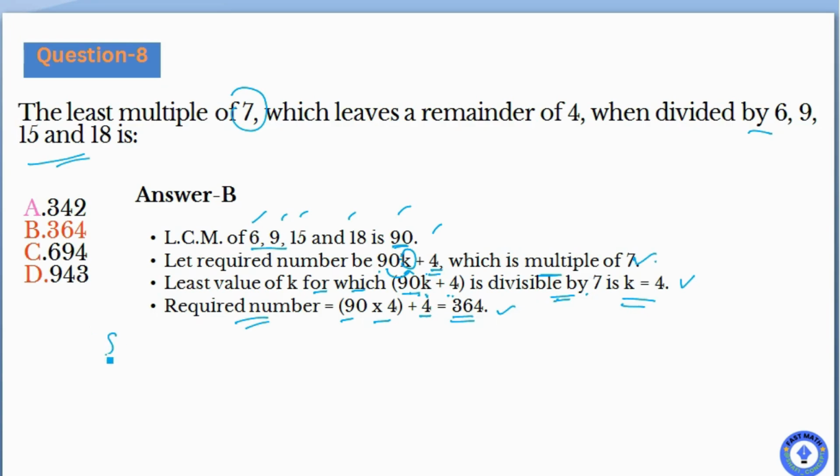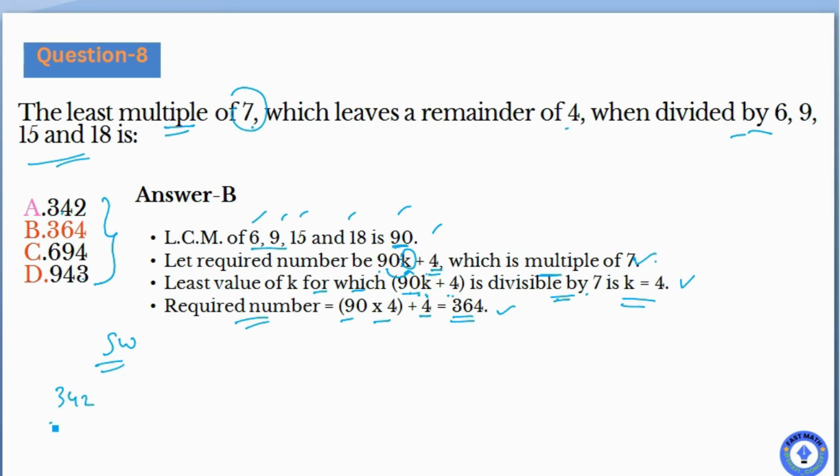Let's move to the shortest way of doing such a problem. You leave all these question parameters. What is the multiple given in the problem? Here the least multiple given is 7. In the options you check which number is divisible by 7. It is the shortest way.